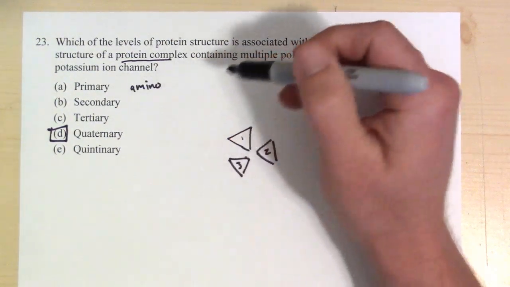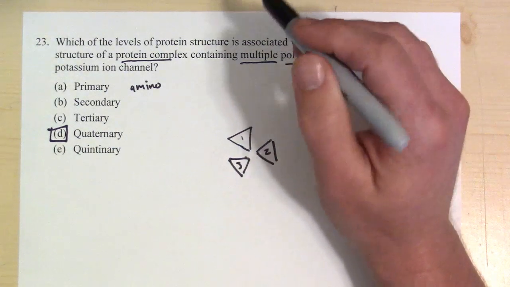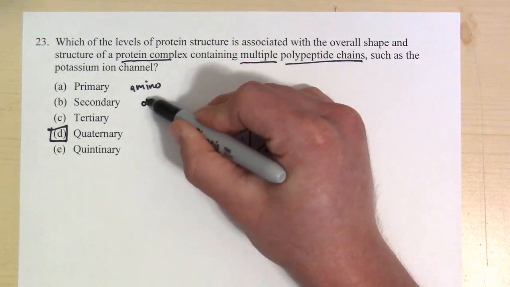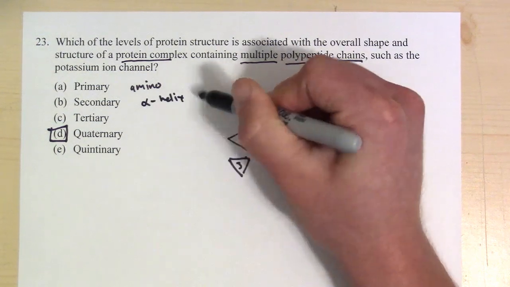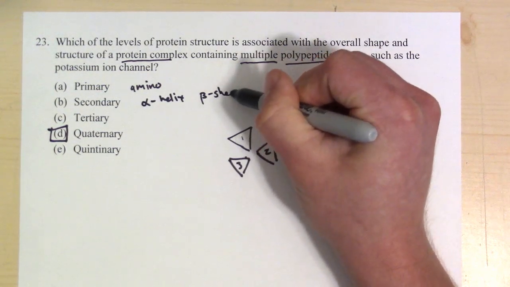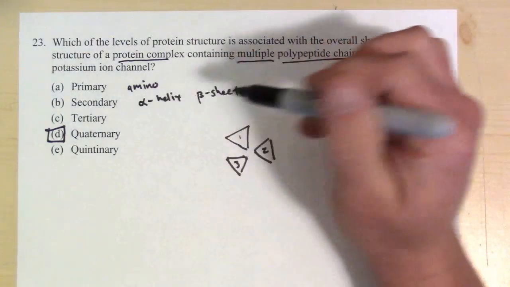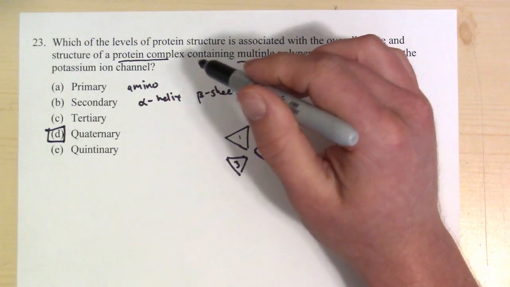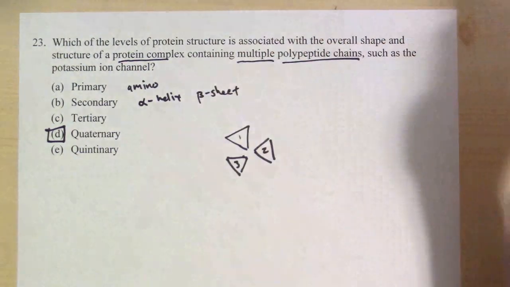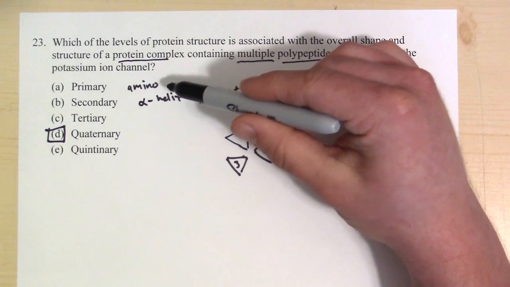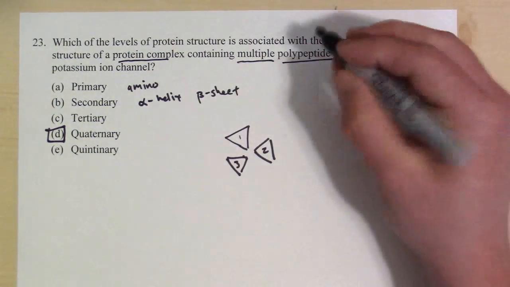Secondary is when that string of amino acids starts to form into secondary structures, things like alpha helix or beta sheet. Those types of things are secondary structures. Tertiary structures is when you have the 3-dimensional shape of the entire protein, incorporating things like helices and sheets.